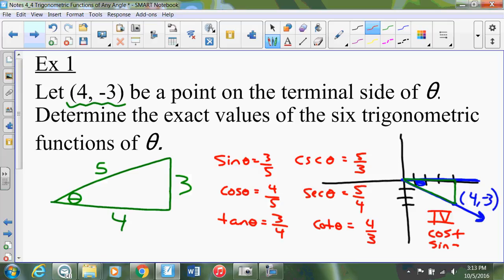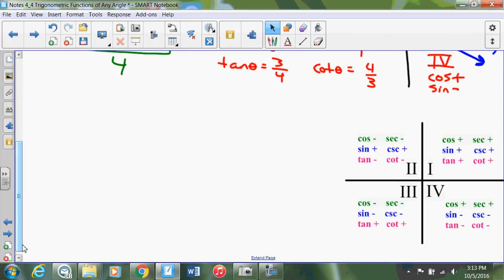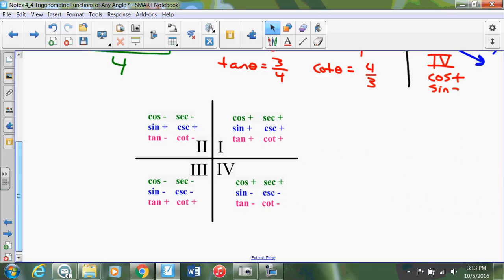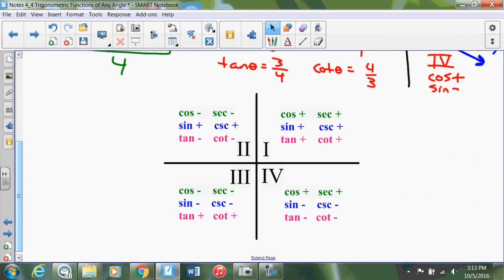And let's stop for just a second and look at this. It's really important to remember when we're doing problems that involve both a right triangle and a point in one of the four quadrants, where cosine and sine and the other trig functions are positive and where they're negative.